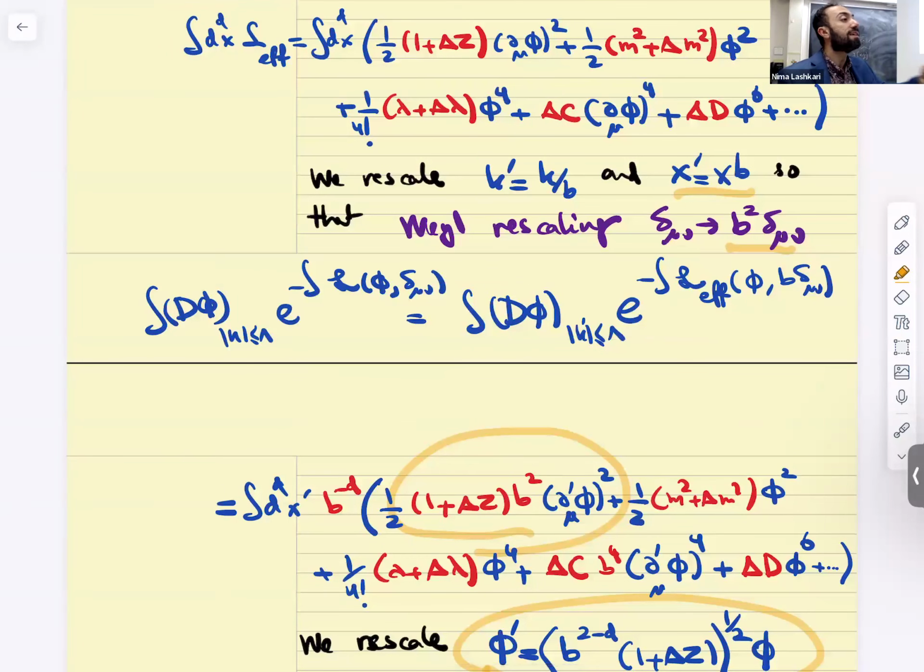You're just making your rulers different. You're picking a different set of rulers. This is called a Weyl transformation. It's a symmetry of classical conformal actions.